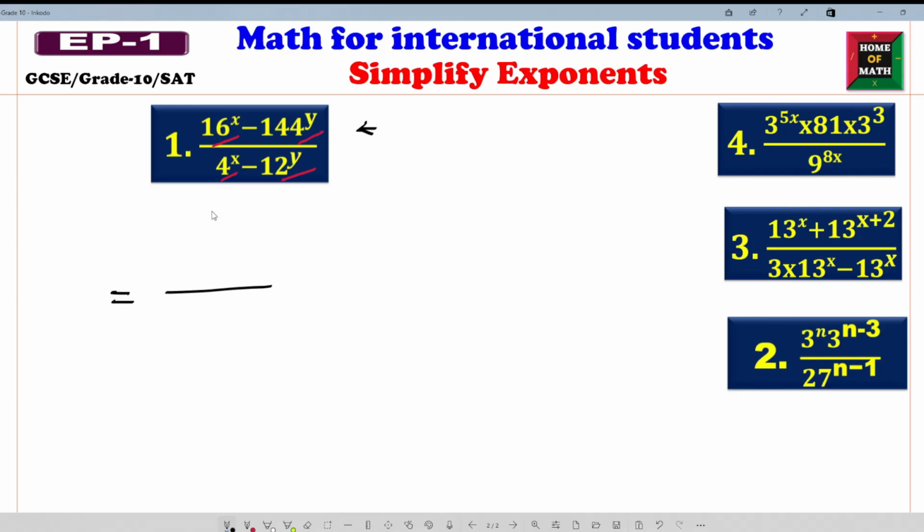Look, 16 we can write as 4 squared, to the power x, and 144 we can write as 12 squared, to the power y, divided by 4 to the power x minus 12 to the power y.